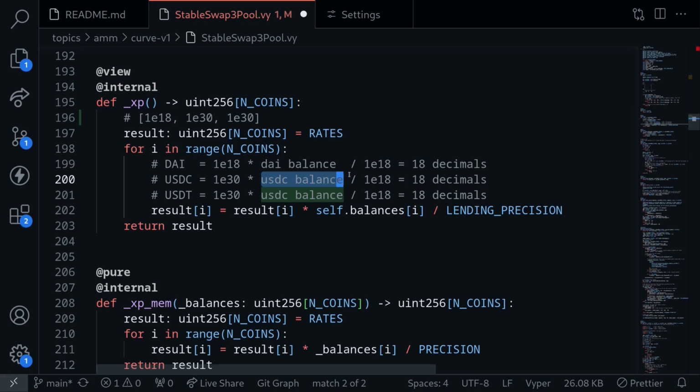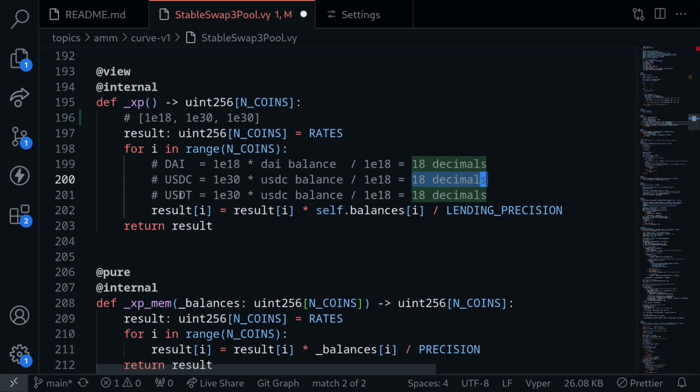USDC balance has 6 decimals, and then divided by 1E18. How many zeros will we have? We have 30 zeros over here. USDC balance has 6 decimals, so 30 plus 6 is 36 zeros, and then divided by 10 to the 18, so this will result in 36 minus 18, which is equal to 18 decimals.